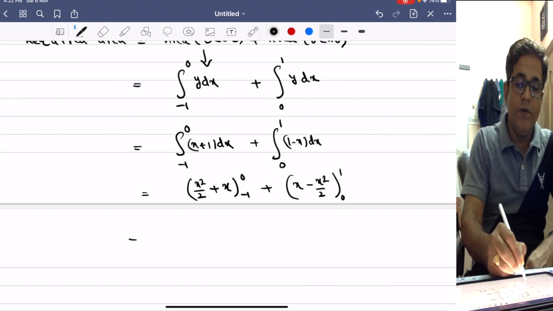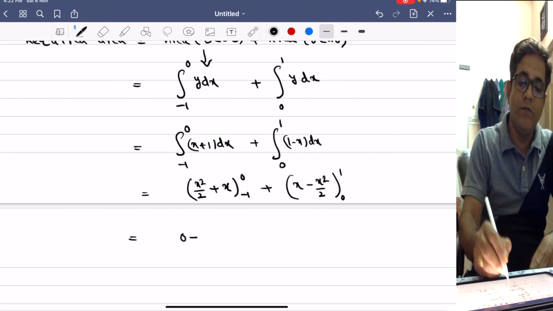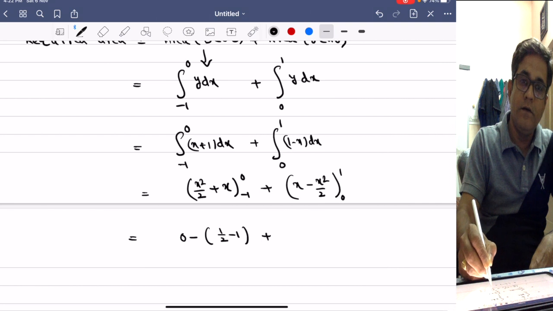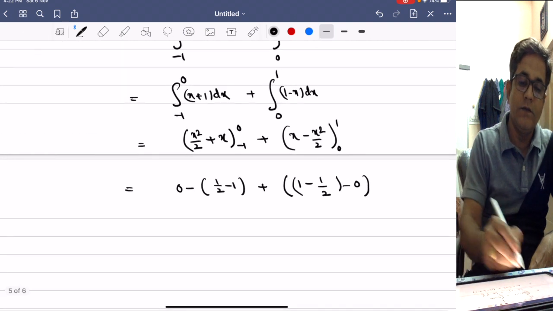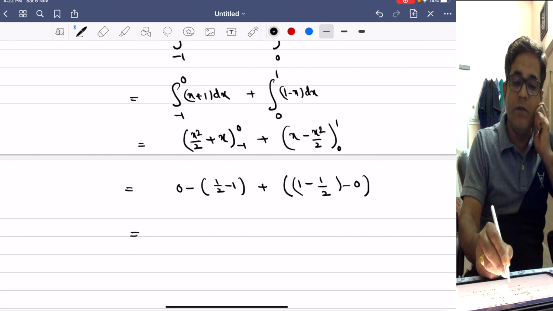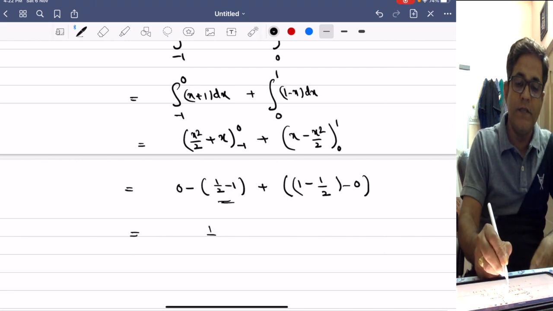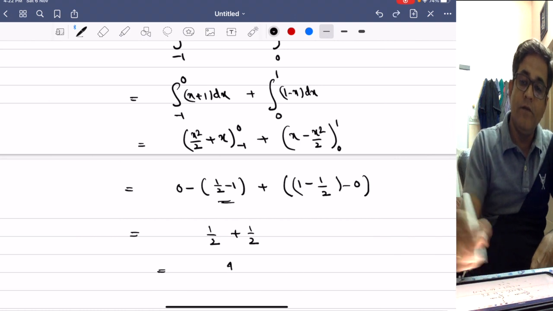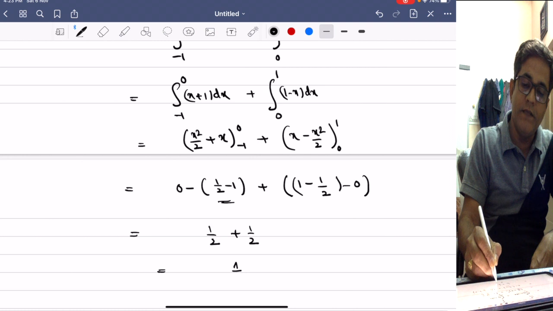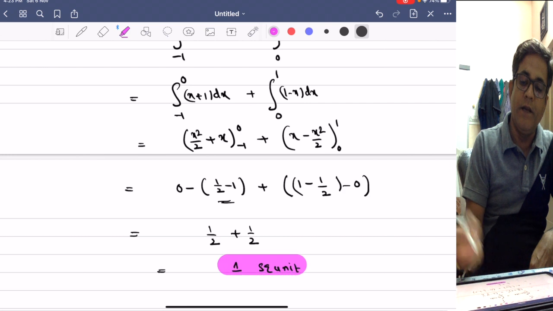Now if you put the upper limit, it will be 0 minus, putting the lower limit, 1/2 − 1, plus from here putting the upper limit, 1 − 1²/2, that is 1/2, minus 0. So this is −1/2 times minus, that is plus 1/2, plus 1 − 1/2 is 1/2. That is equal to 1. Therefore, the required area is 1 square unit.